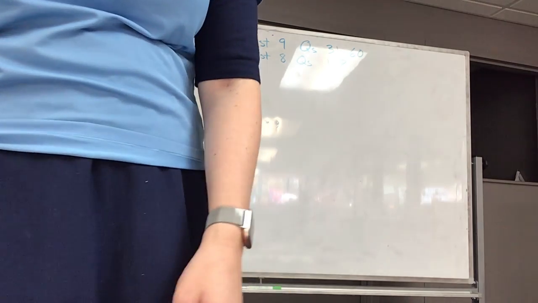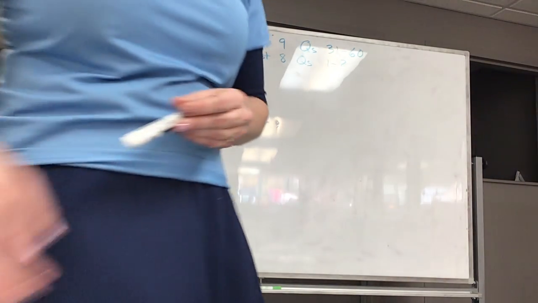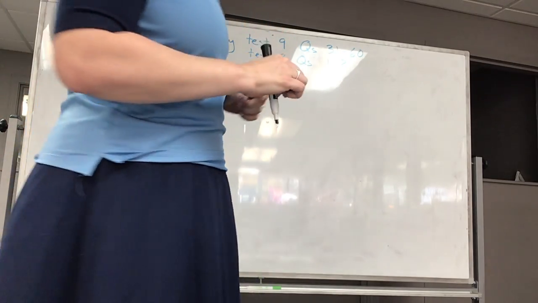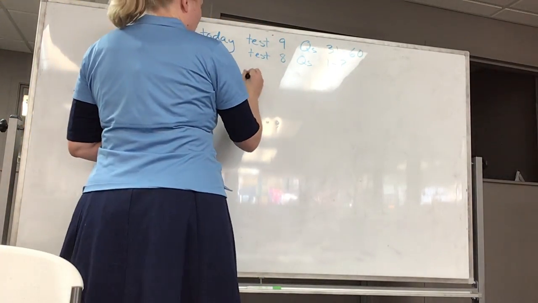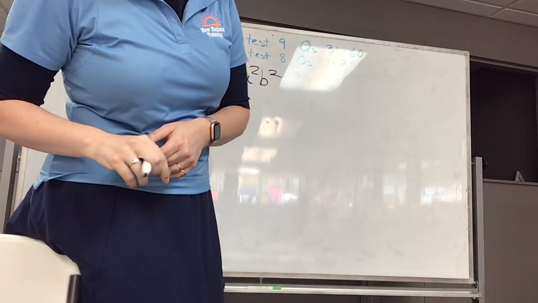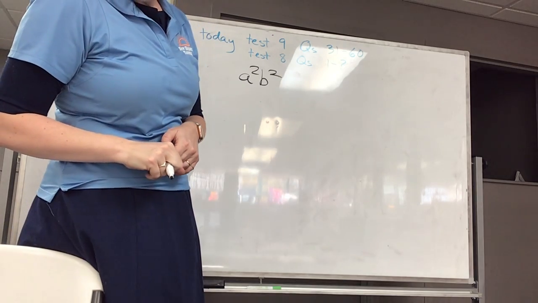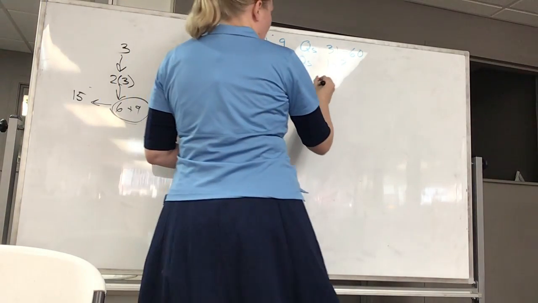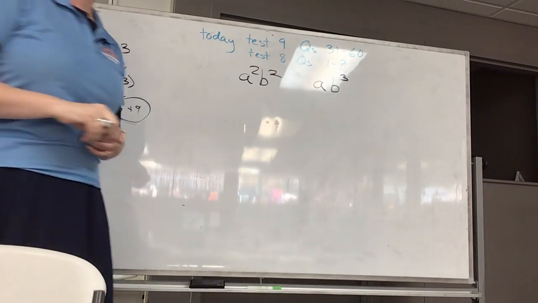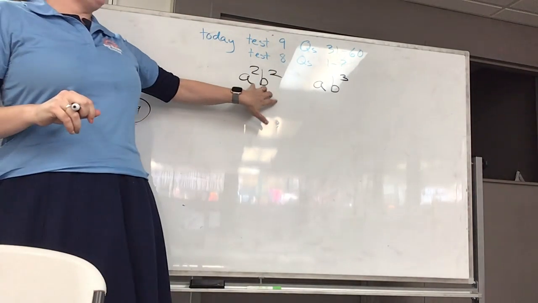Yeah? Can you just go over? So for 36, we have a squared and b squared, and we have the second number is a times b to the third. And so a and b are unknown numbers.